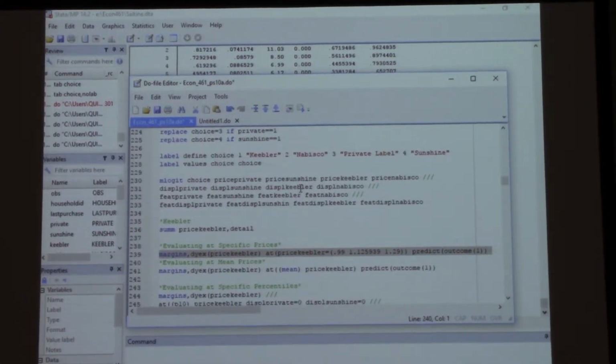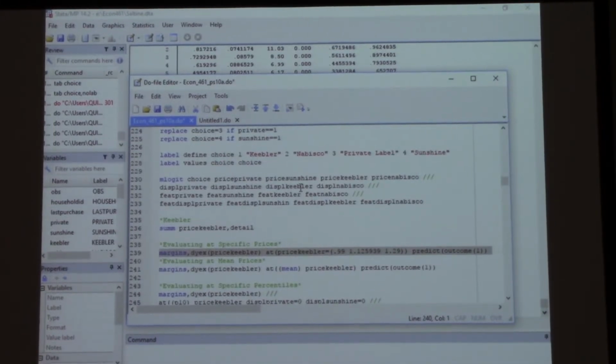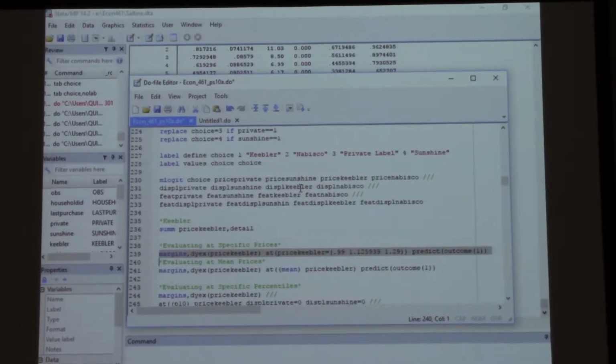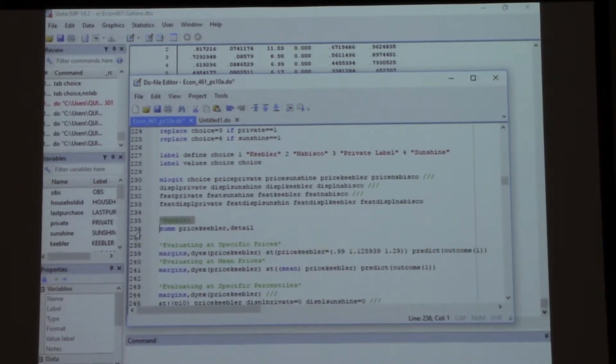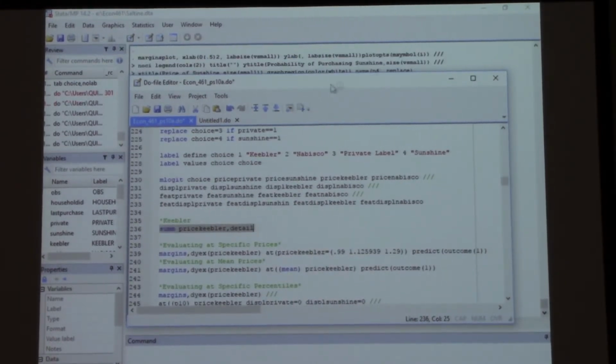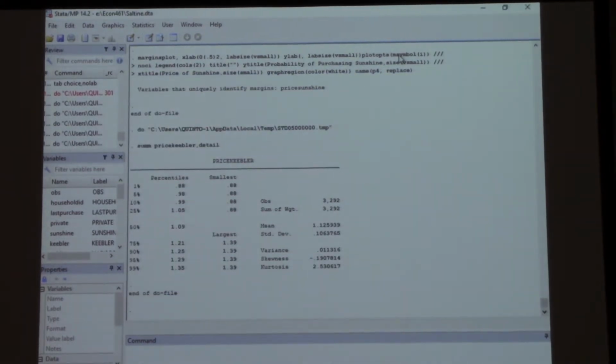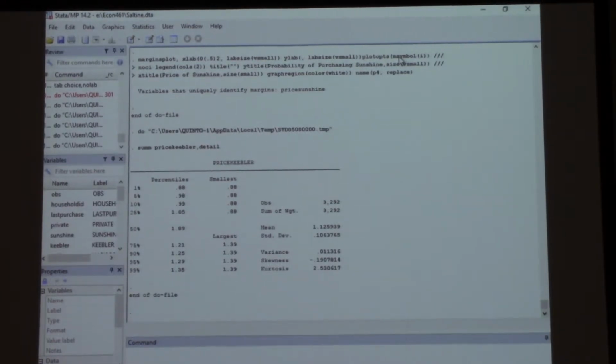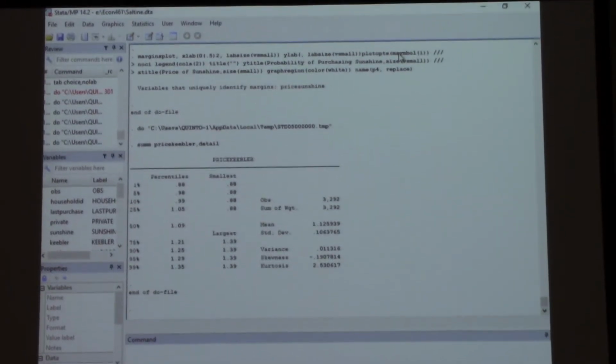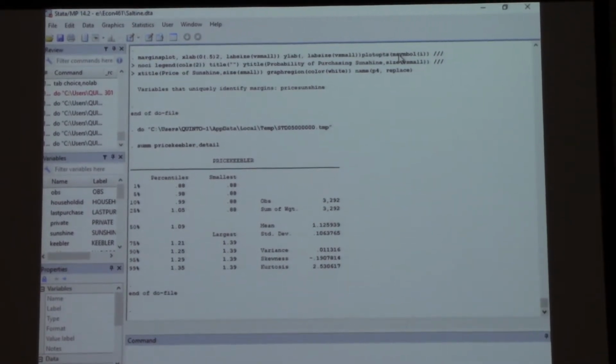Again, we can evaluate these at different prices. So I said, look, here are some prices. I'm going to summarize Keebler's price. The 50th percentile is $1.09, the 25th percentile is $1.05, the 90th percentile is $1.25.